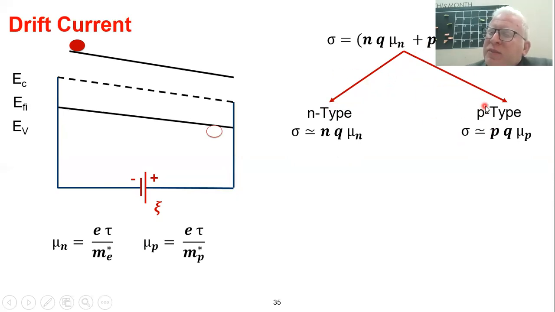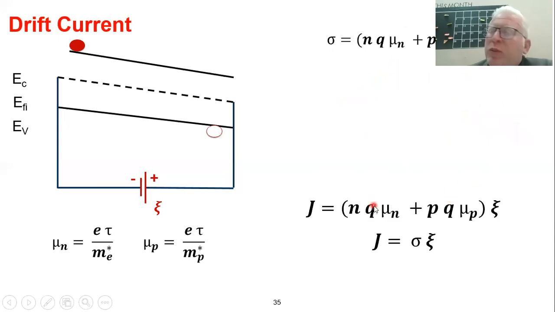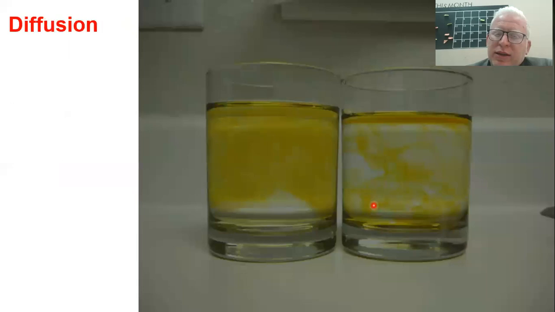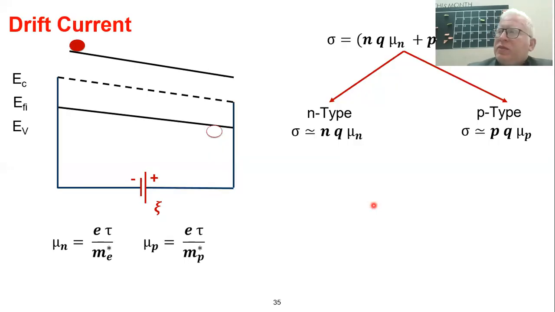Similarly, if the material is a p-type, you can eliminate the n part and say that sigma equals q times p times mu p. So this is a special condition whenever the material is n-type or p-type, or you can of course use the general formula for sigma whenever it's intrinsic, or n and p are somehow equal. Okay, so this is what's called the drift current.